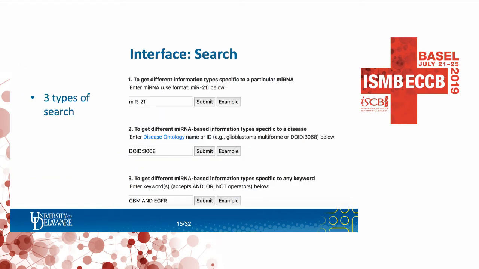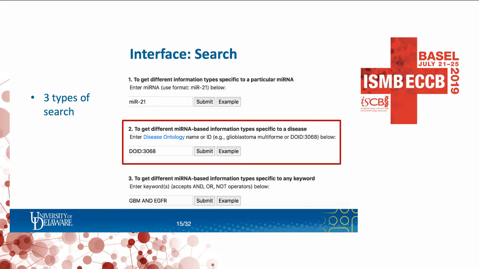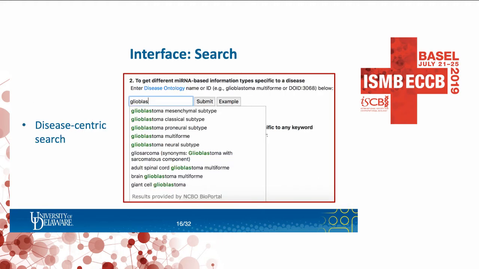In the second kind of search, which is the disease-centric search, we can either give the disease ontology ID, or we can type the name of the disease, and we have an auto-filtered list. That is, the results are provided by NCBO BioPortal. Because often we do not know the DOIDs of each disease, it is easier for us to type the name.